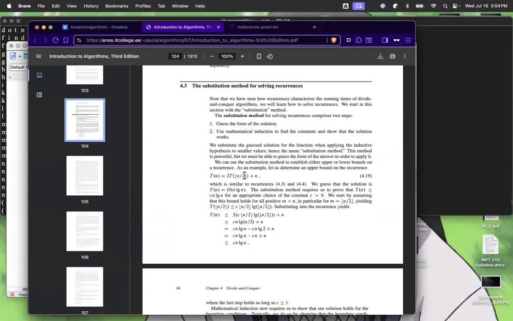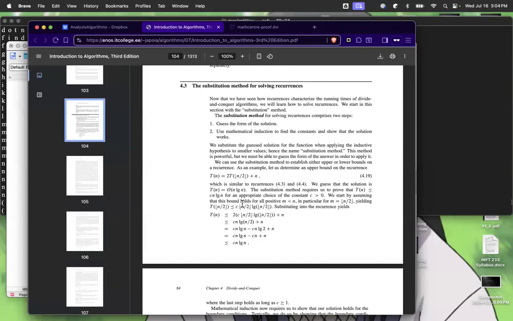So here we know that this thing is being broken down by twos, and then there's also this n part, right? So log base 2 of n is what we would get if we keep dividing by 2. The substitution method requires that we prove that T of n is less than or equal to C n log n for an appropriate choice of the constant C greater than 0.